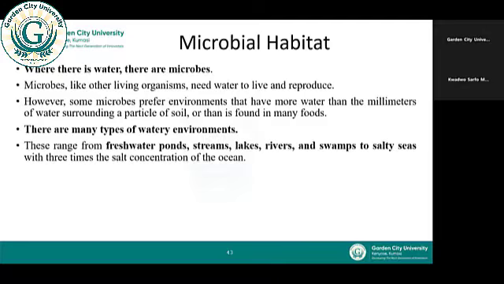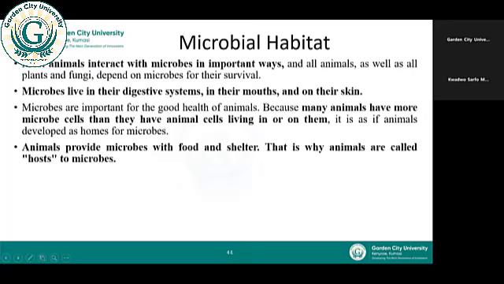You cannot see them, so always protect yourself. And once we interact with animals, they may be reservoirs that are not sick, and we will rather become the victims of such infections.